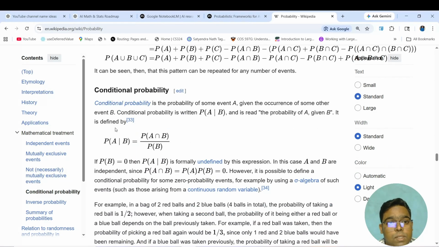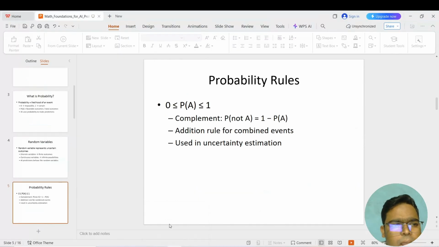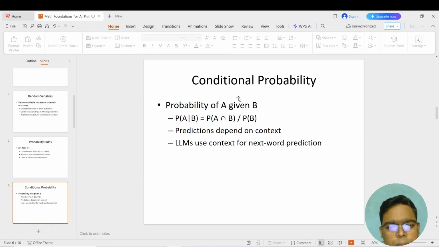I will come to conditional probability, as it is very important in AI systems. Let's see that in a slide. So let's say conditional probability, which I mentioned before as well. Why is it so important? Because an LLM tries to predict the next word. It does not know that something is certain to happen.